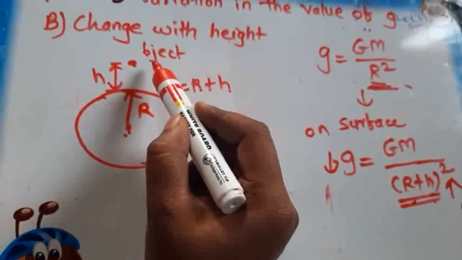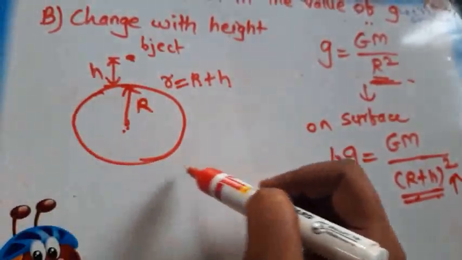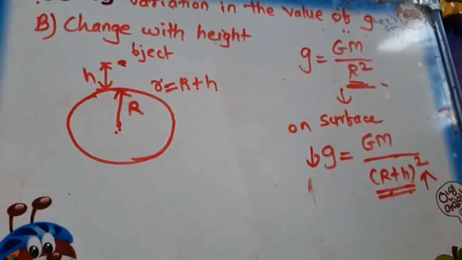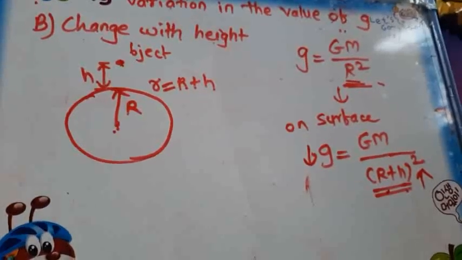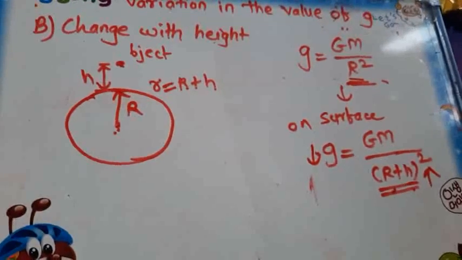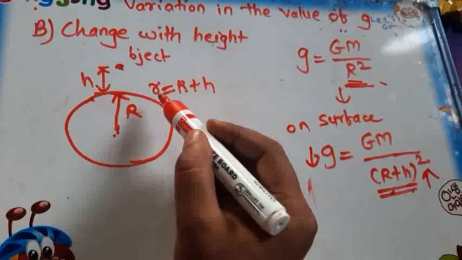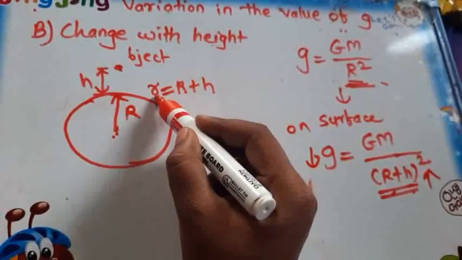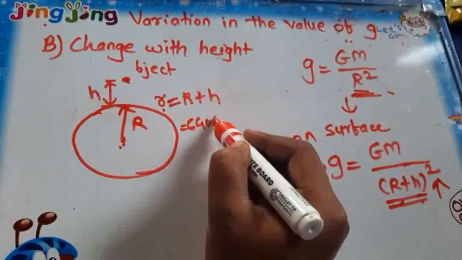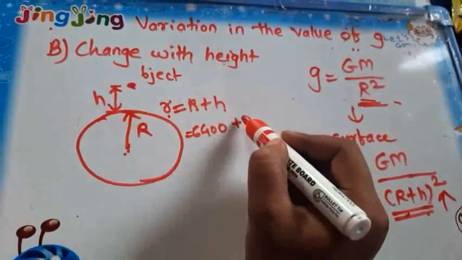But suppose the object is at a height nearby the surface of earth, that is, the distance is negligible as compared to radius. For example, suppose an aeroplane is flying at height 10 km above the surface of earth. Radius of earth is approximately 6400 km, and that height above the surface is 10.